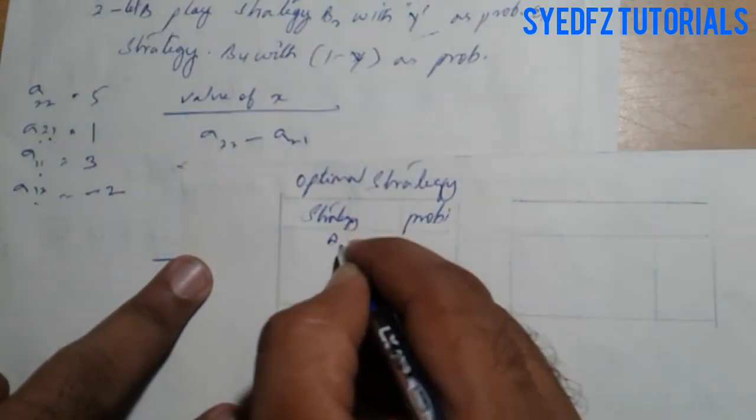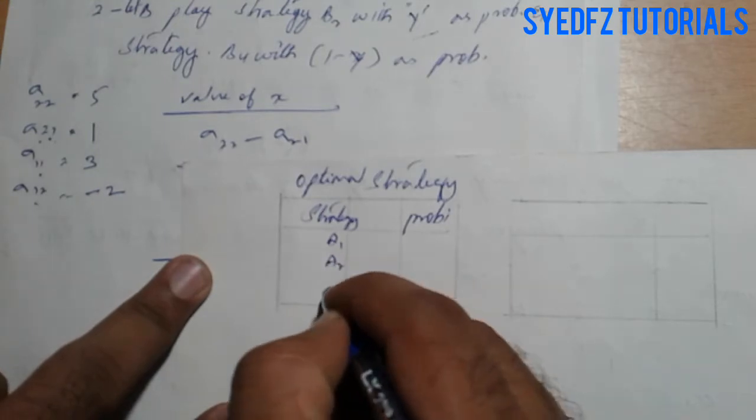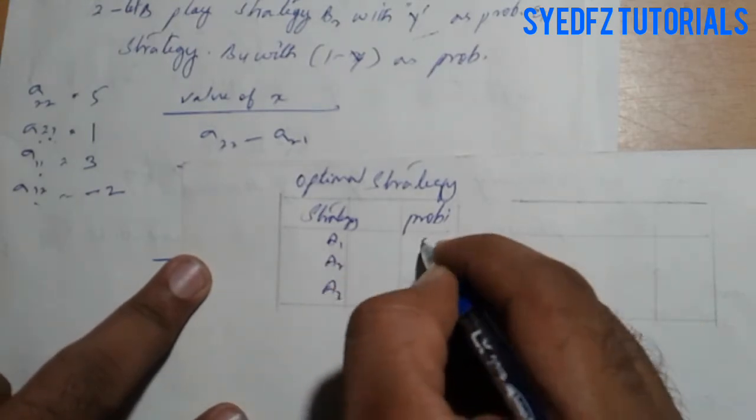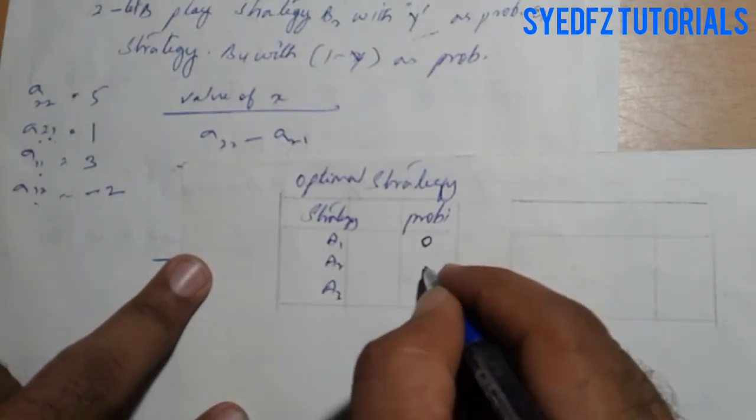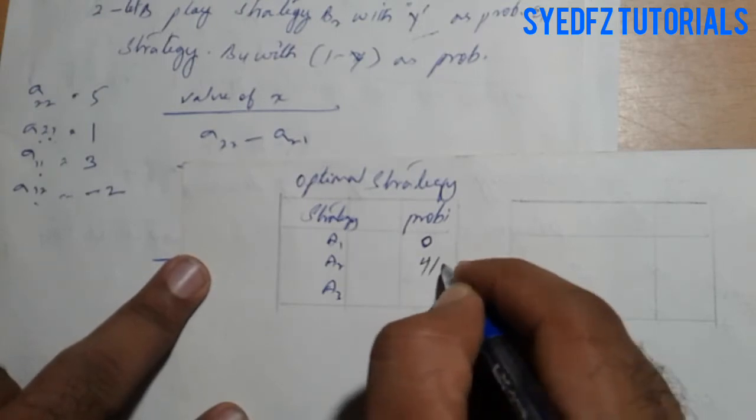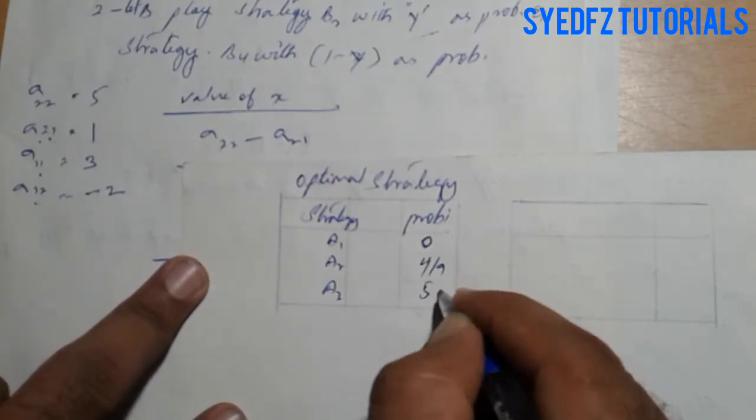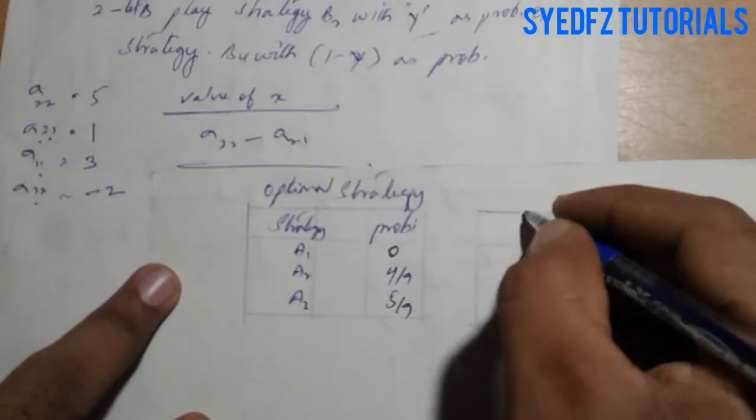A1, A2, A3. So A1 is eliminated, so put 0. A2 how much we got? 4 divided by 9, and A3 how much? 5 divided by 9.